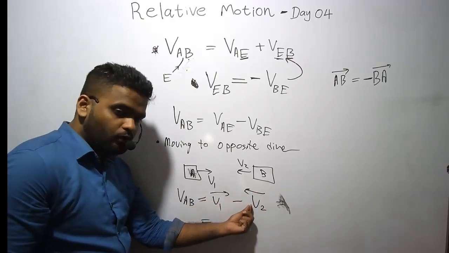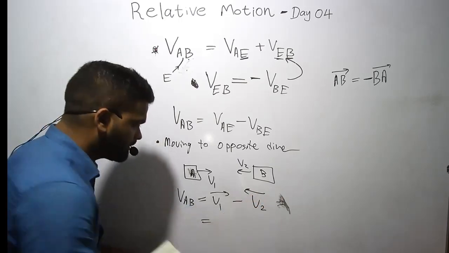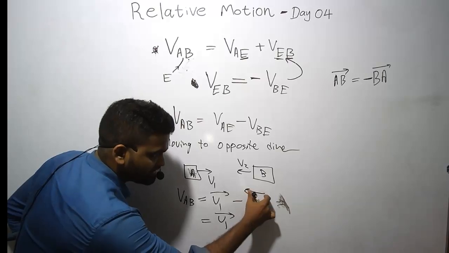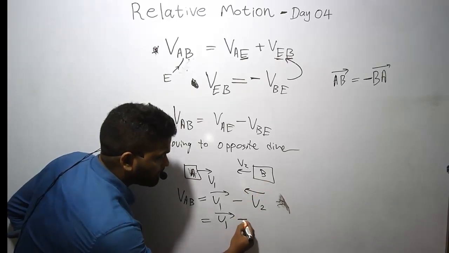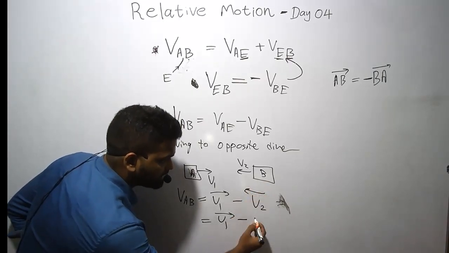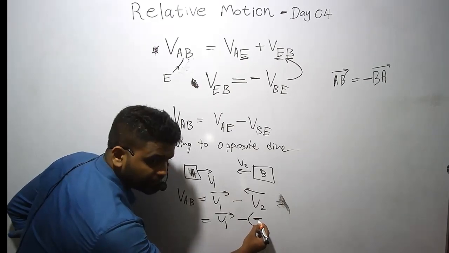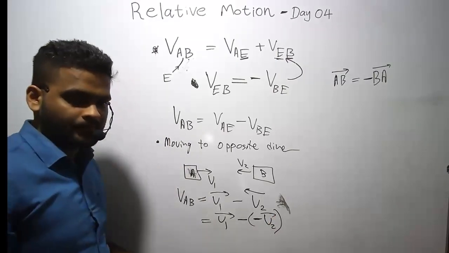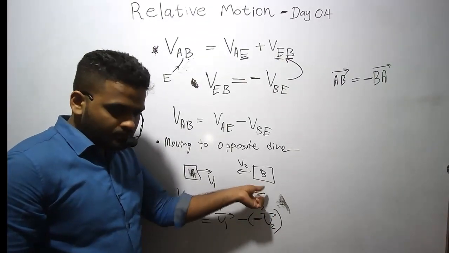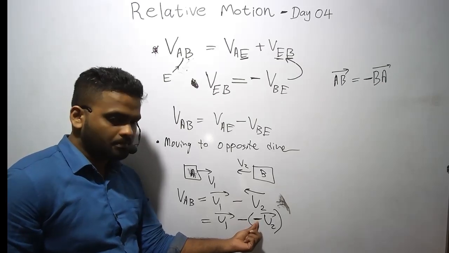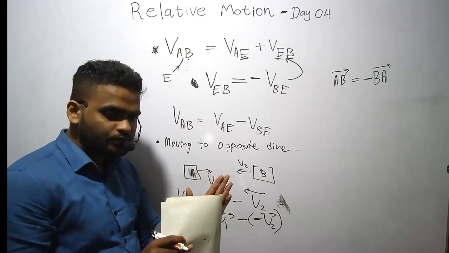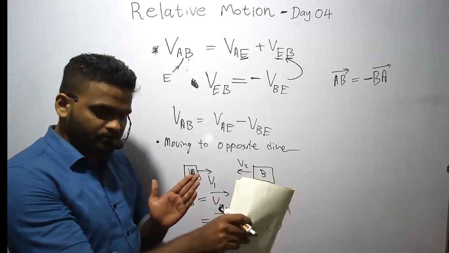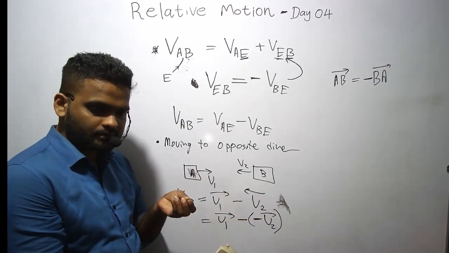So you have to make all these to one direction. I'll keep V1 here and I can flip this arrow. But when you flip that arrow, it causes a negative sign. You can flip the arrow, but you have to put a negative sign in front of that.